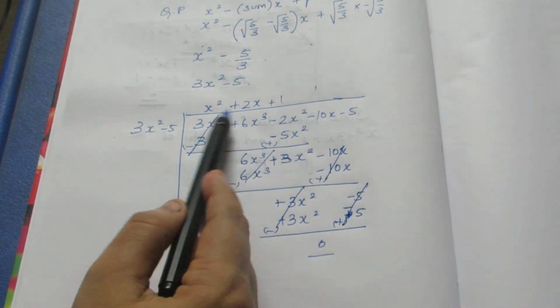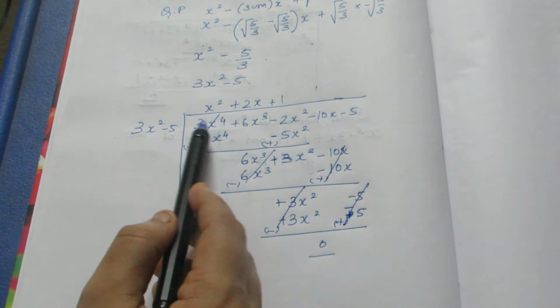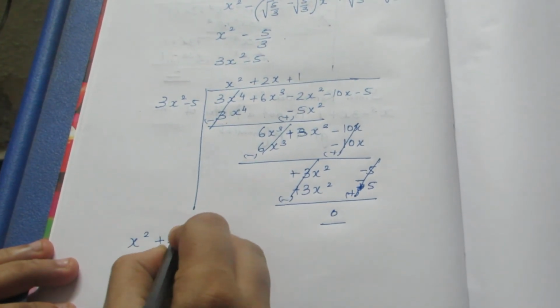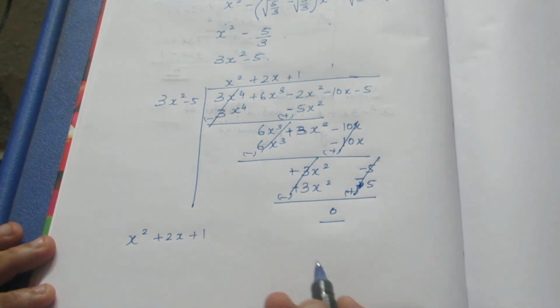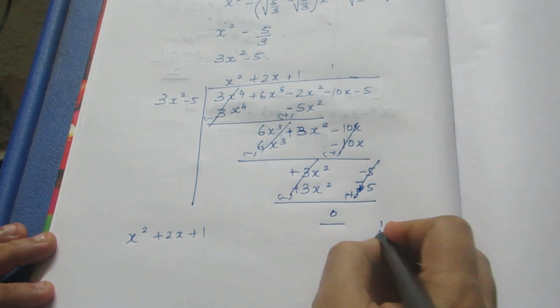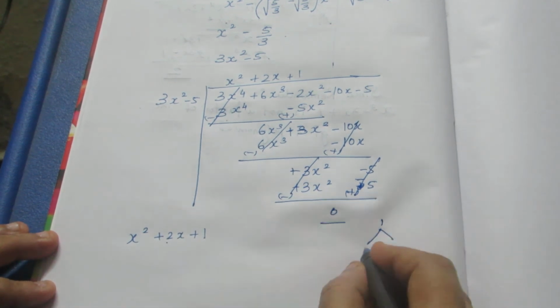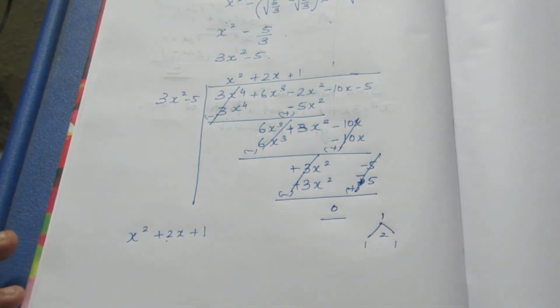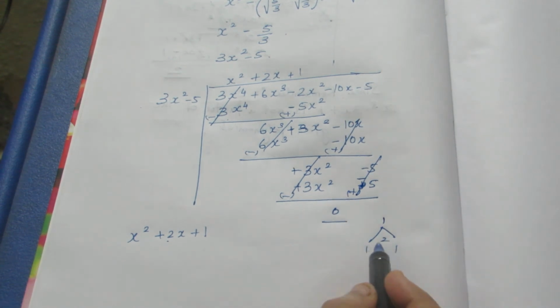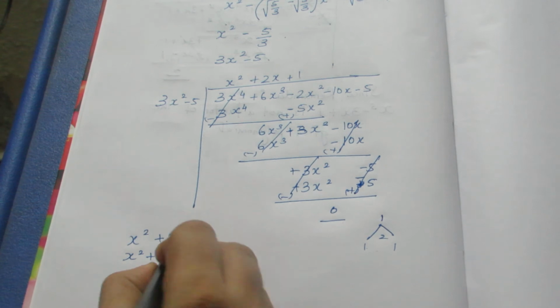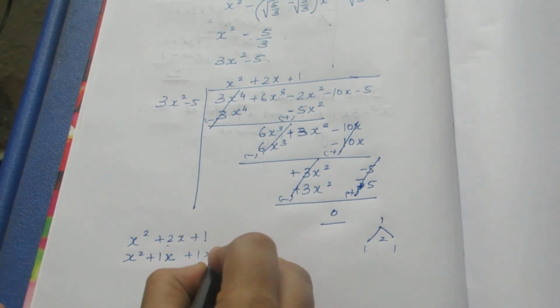Here the quotient, you need to factorize it. The quotient is x square plus 2x plus 1. I need to do splitting the middle term. Here this is the product and this is the sum. I need to multiply to get 1, and for addition 1 plus 1 will become 2. So x square plus 1x plus 1x plus 1.